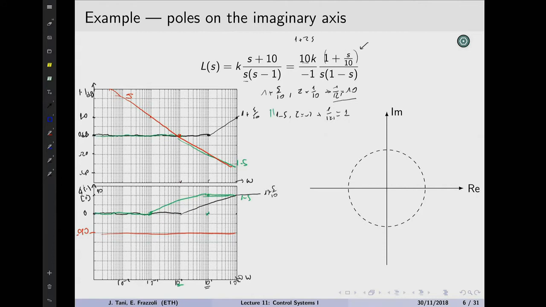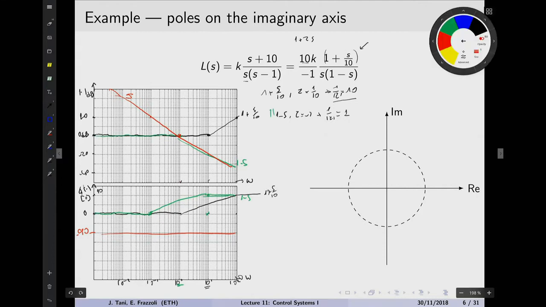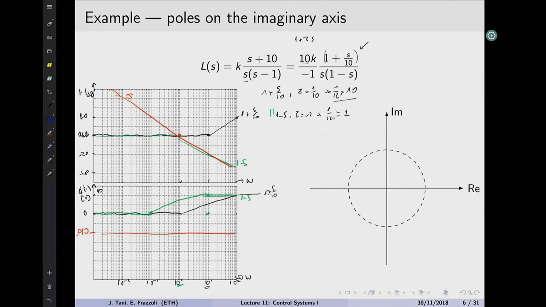And don't underestimate your constants, because especially if they're negative, they have a very significant contribution to the phase. So we have the term k equals minus 10. What we're going to do is add a contribution in the magnitude that is k dBs, which is going to be 20 logarithm base 10 of minus 10.